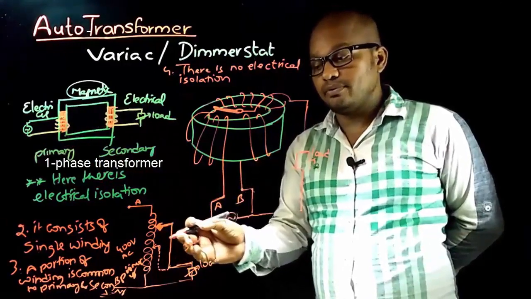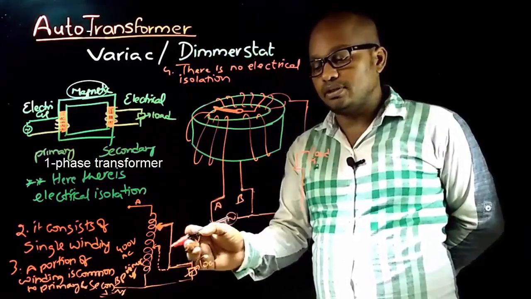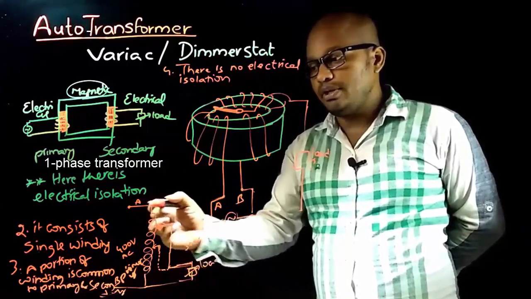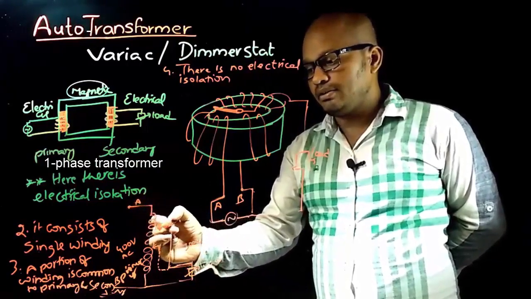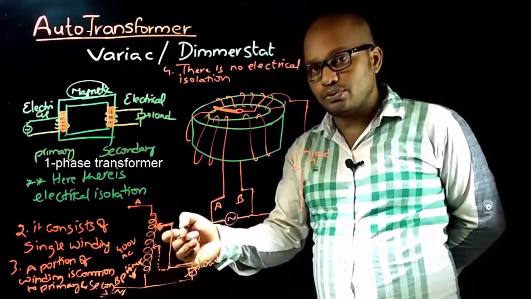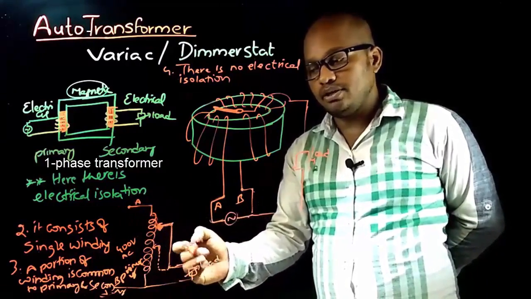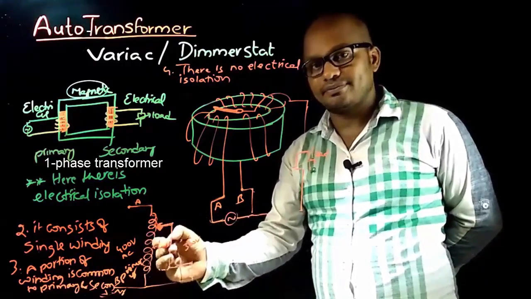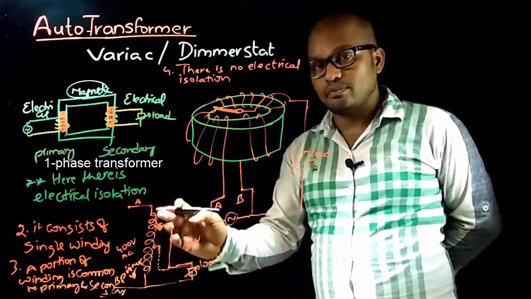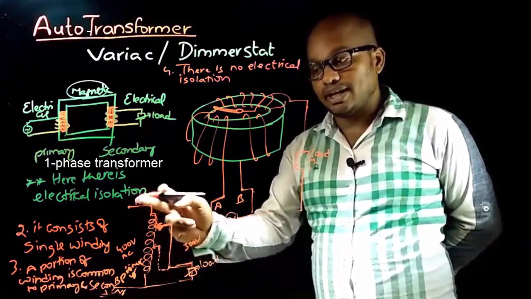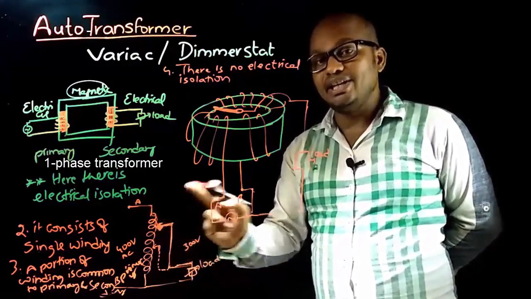But if you observe from the autotransformer that load receives some power directly from the input source and some power through induction process. Therefore, in case of autotransformer, load receives power conductively and inductively also.